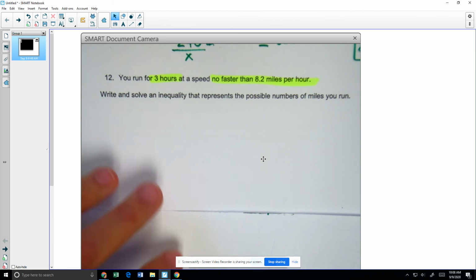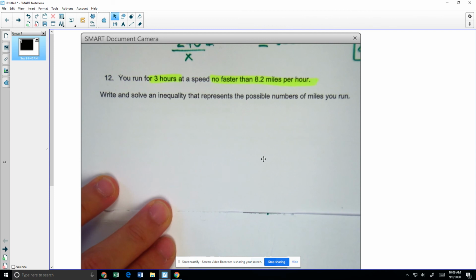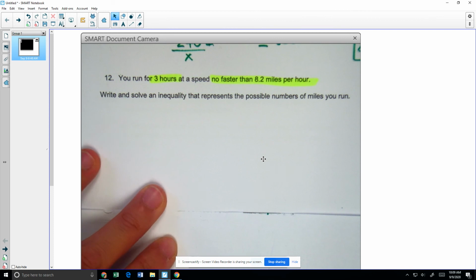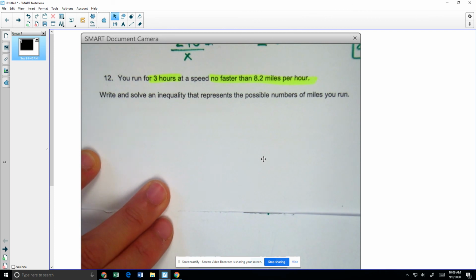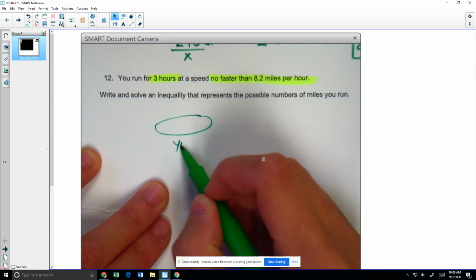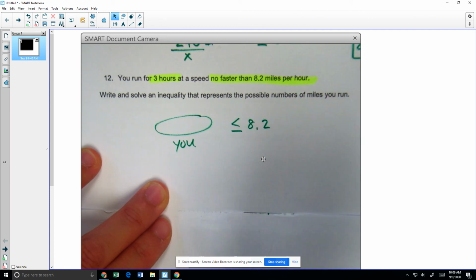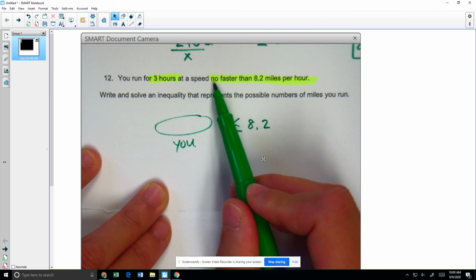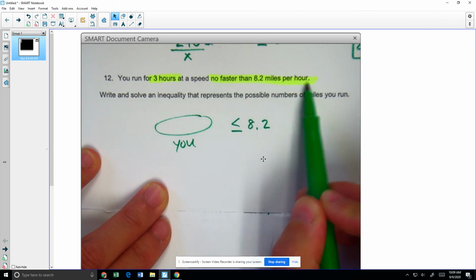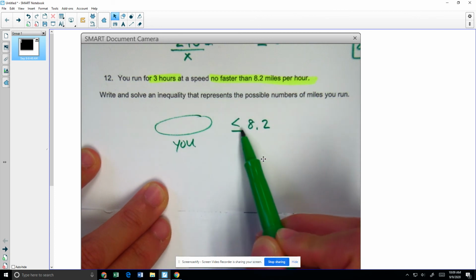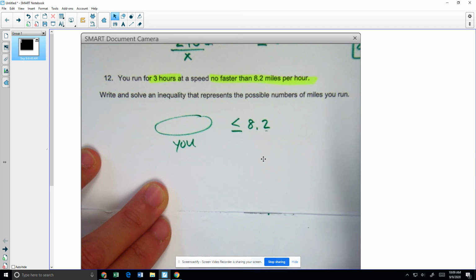Would it be like u less than or equal to 8.2 miles per hour? Yeah, because you run no faster than 8.2 miles per hour, so you are not any bigger than 8.2. Yes.